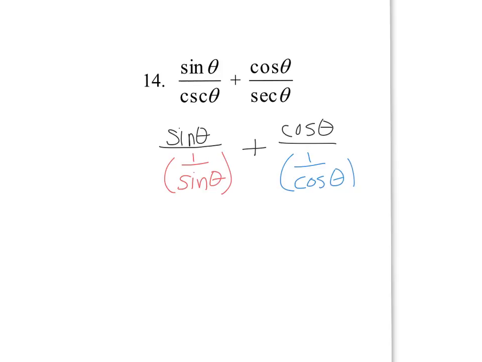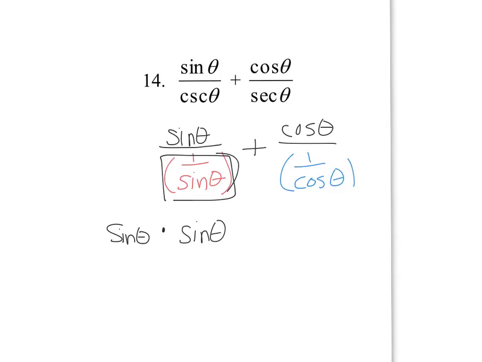So if I flip this second one over, if I flip the fraction over and multiply, I'm going to have sine of theta times, flip this around, sine of theta over 1.